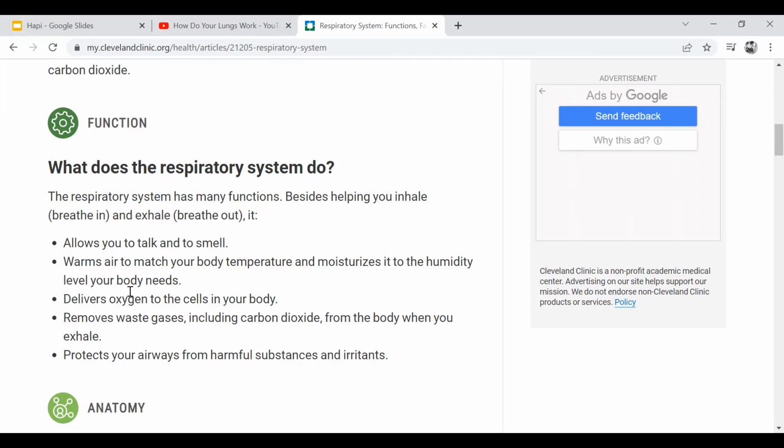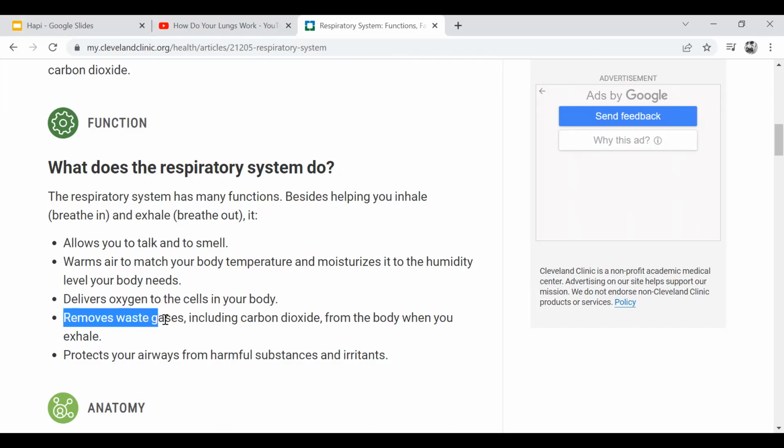What does the respiratory system do? It delivers oxygen to the cells of your body. Wow. And you know, we're going to be talking about cells very soon. Okay, listen to this. What does the respiratory system do?